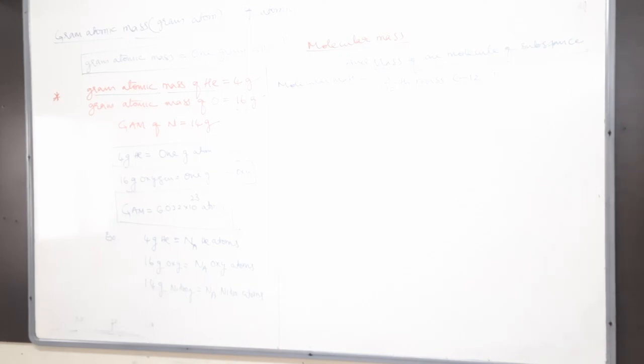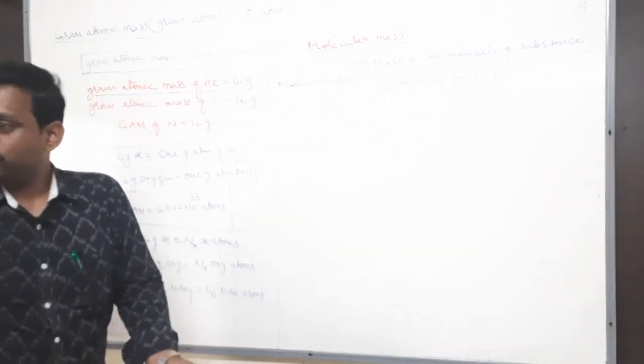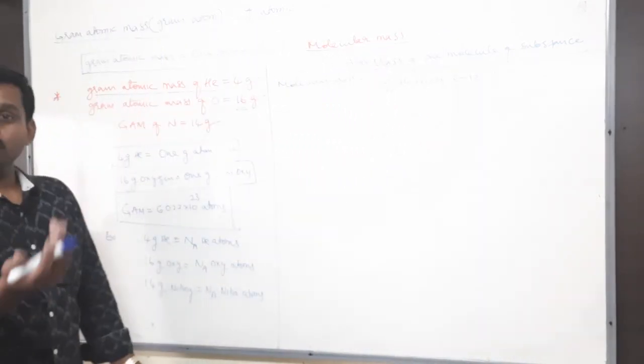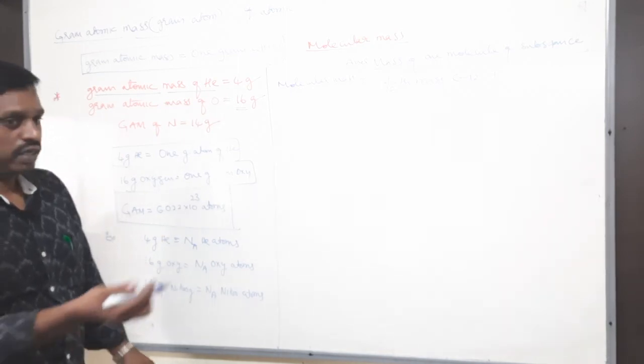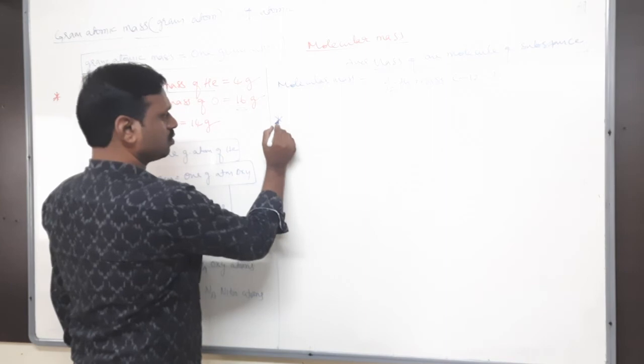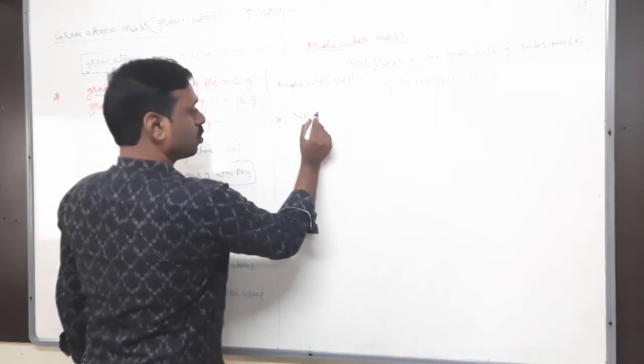What is the unit of molecular mass? No unit. AMU is not a unit, it is a comparison value. Similar to atomic mass, molecular mass also has no units.